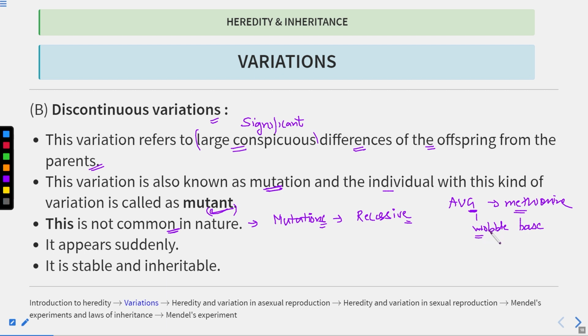Because of this, these mutations are not expressed in the individuals. Clear? Now it appears suddenly. So there are sudden heritable changes, and it is stable and inheritable. Clear?